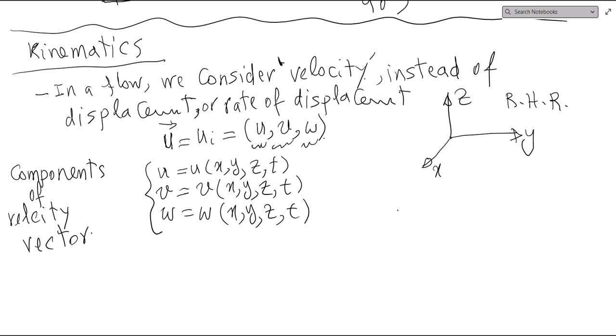So velocity is basically replacing displacement in fluid compared to solids. That's the first thing that we have to consider and identify when we are dealing with kinematics in a fluid.